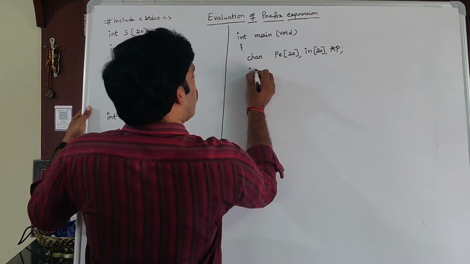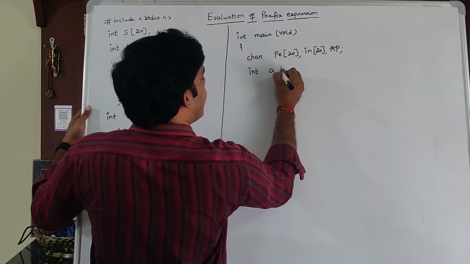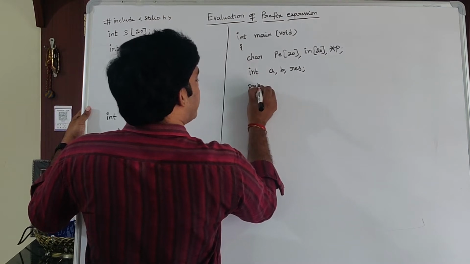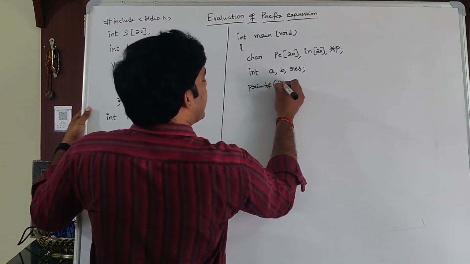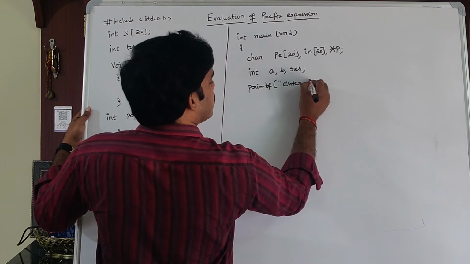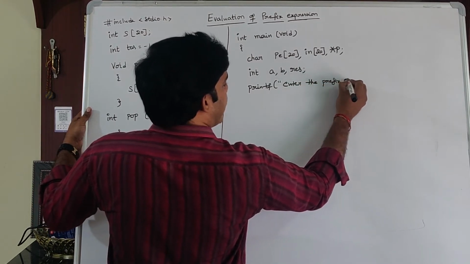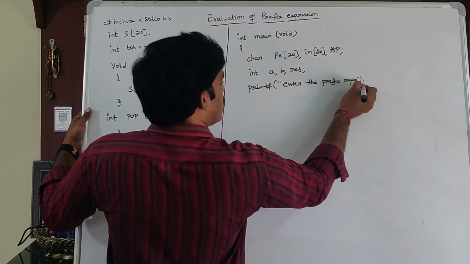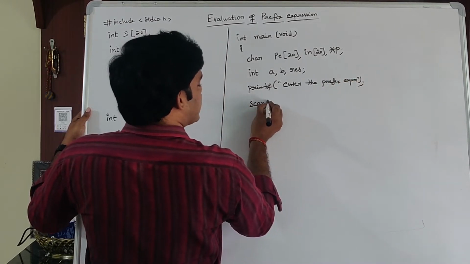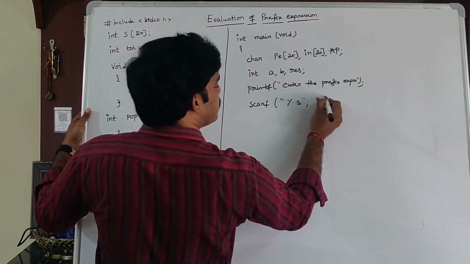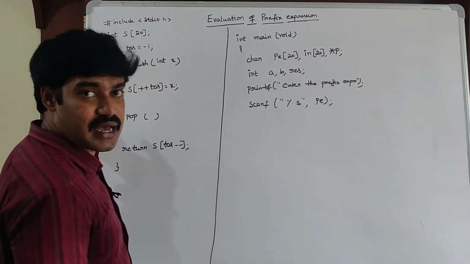Next, declare local variables like int a, b, result. Next, I am asking the user printf, enter the prefix expression. You can use either gets or scanf. So scanf percentage s comma pe.